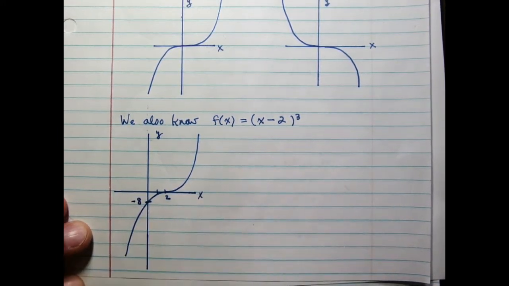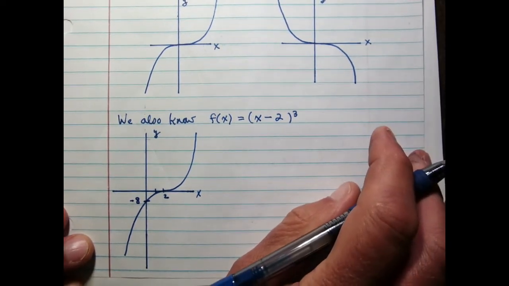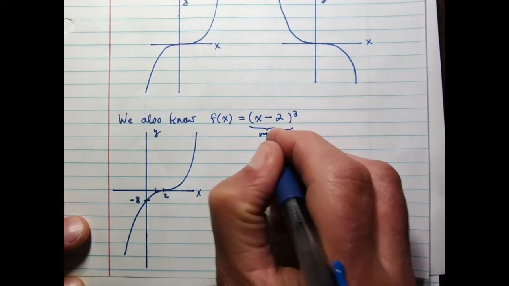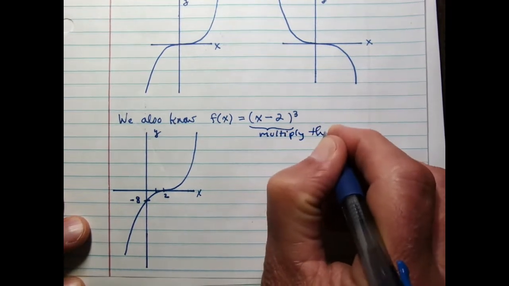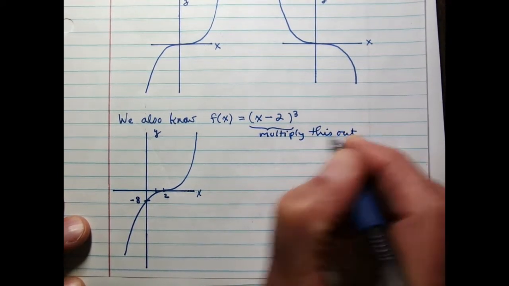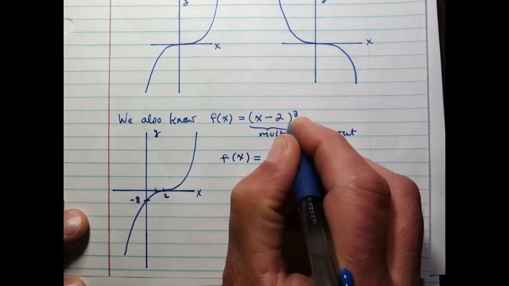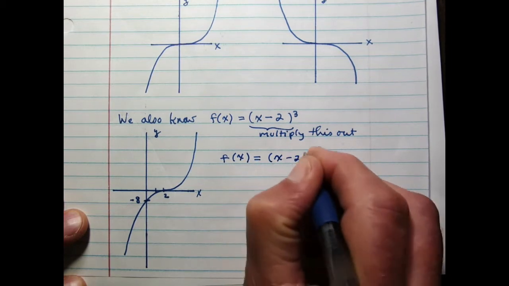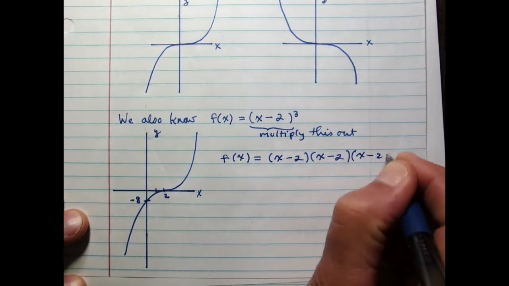And so here's what I want to do though. So this is all stuff we already know. I want to multiply this out. So in other words, instead of x minus 2 in parentheses cubed, I can write it as x minus 2 times x minus 2 times x minus 2.